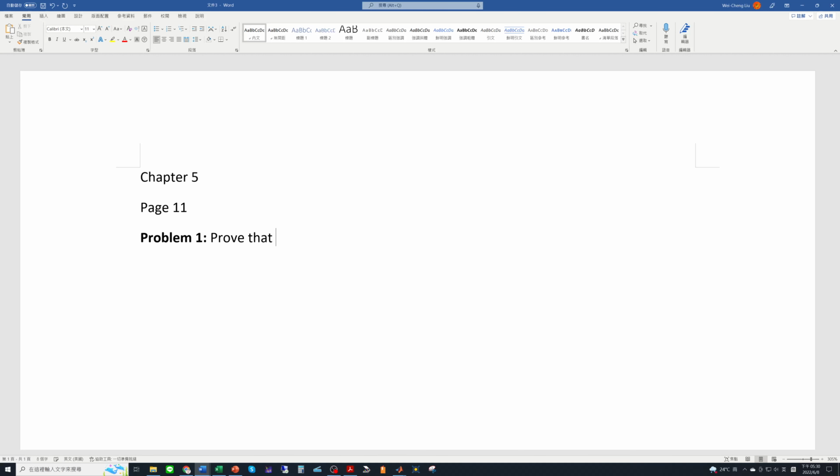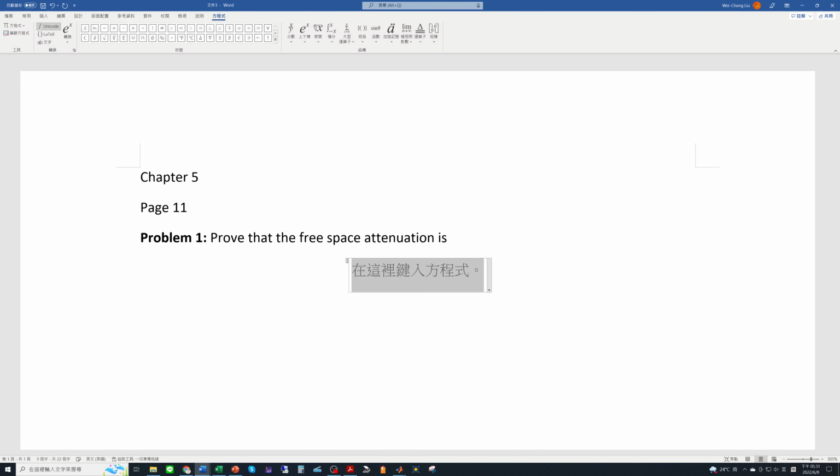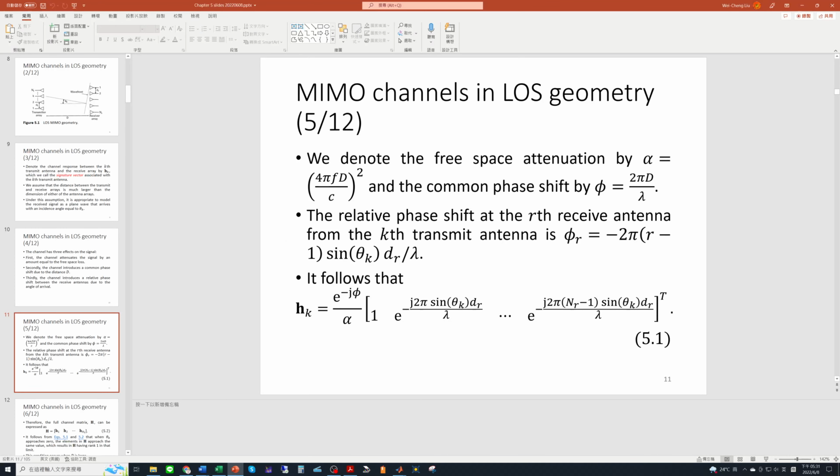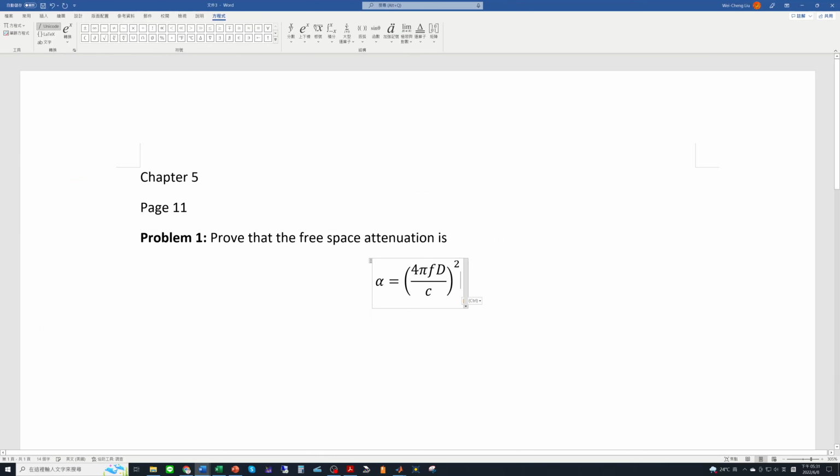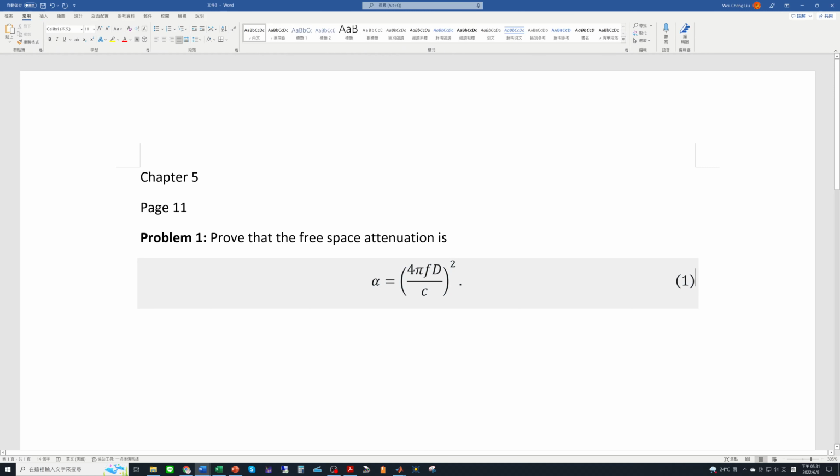Prove that the free space attenuation is, let me copy the equation and paste here, alpha, which is equal to (4 pi f d over c) squared. Okay, let us see the solution.